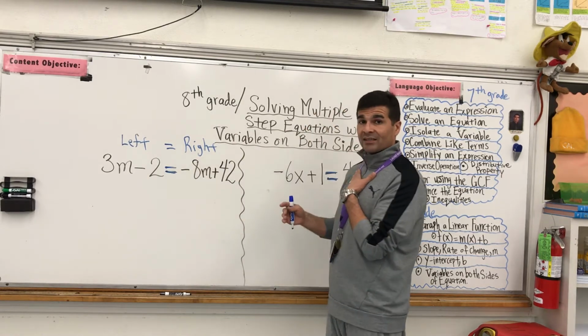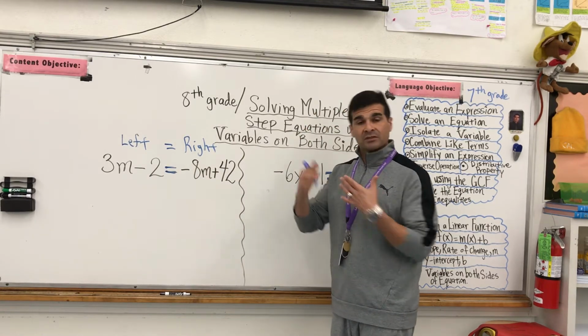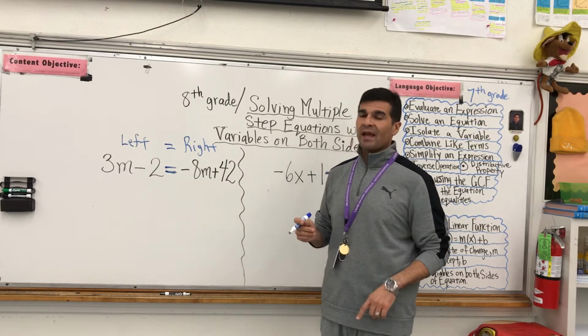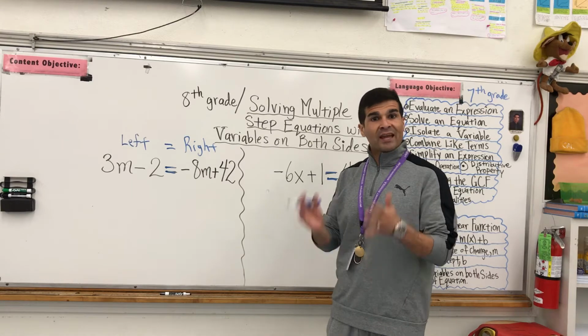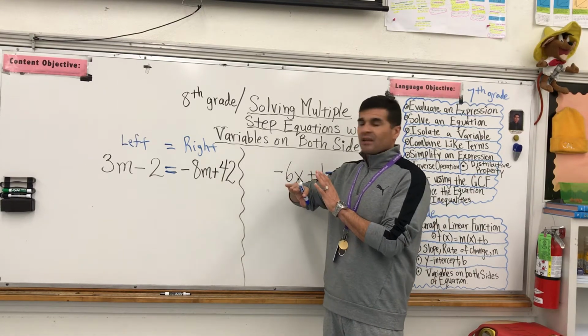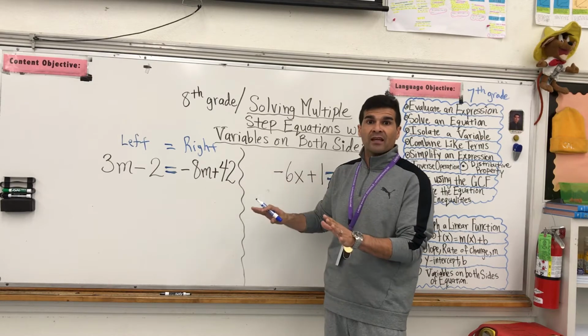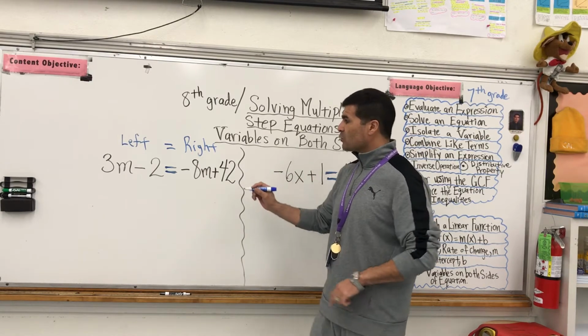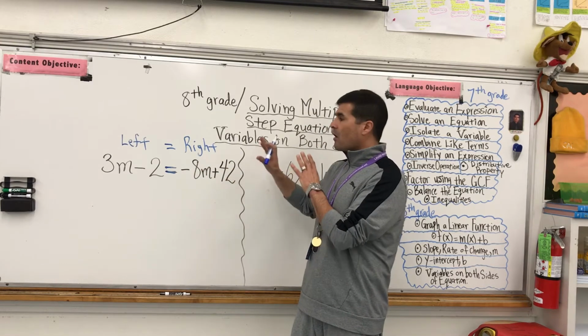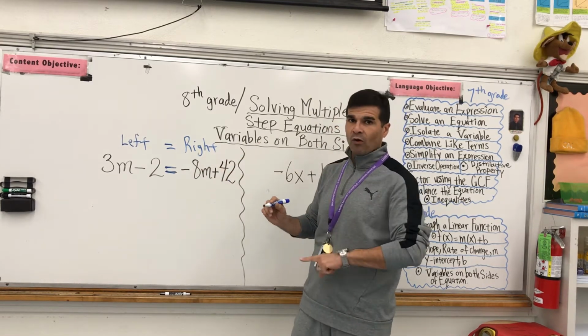Now, what I like doing is having positive numbers. I love positive numbers. A lot of you guys at home watching this video hate negative numbers, hate fractions, hate decimals. Well, let's try not to get any decimals, no fractions, and no negative numbers. So what I want to do is put all of the numbers that don't have any variables on the right side. But there's a reason why.